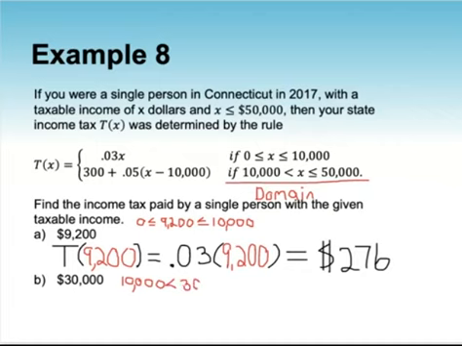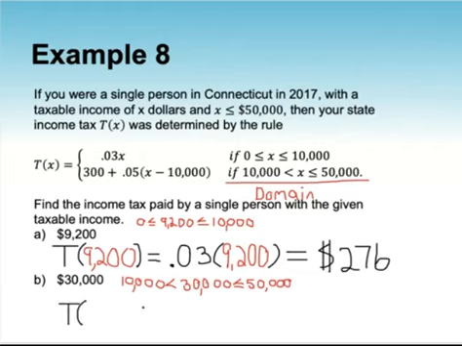We have 30,000 less than or equal to 50,000. And that makes sense. 30,000 is between 10,000 and 50,000. So we're going to use the second equation.